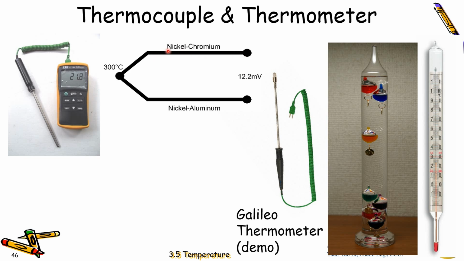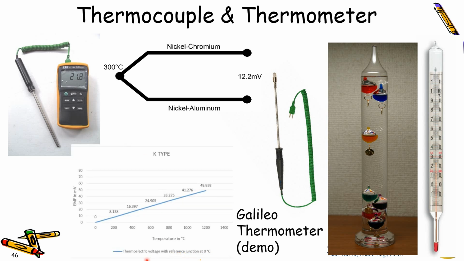This is one alloy, and this is another type of alloy, and the two alloys are joined together. At this point, a different temperature gives you a different voltage, and the voltage indicates the temperature. This is the probe. You can put the tip of the probe anywhere you want to measure the temperature, and you get a linear relationship.